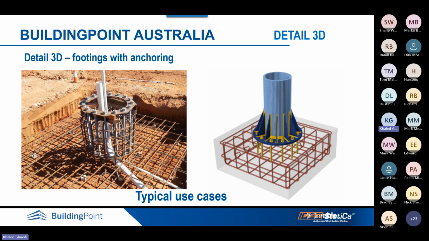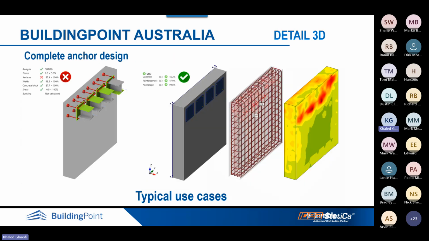So we introduced IDEA StatiCa Detail 3D to get the information from the connection application, and then send it to Detail 3D and finish your anchor design, considering full checks, including the splitting check and other checks that cannot be done in the IDEA StatiCa connection application. Here is an example of a complete anchor design check.